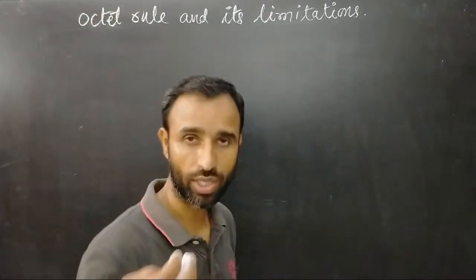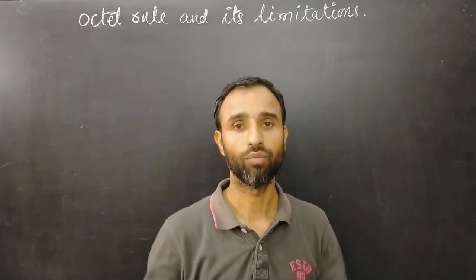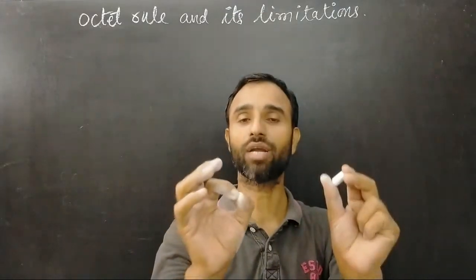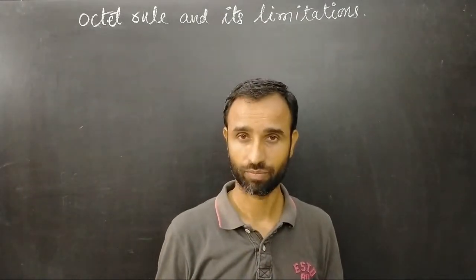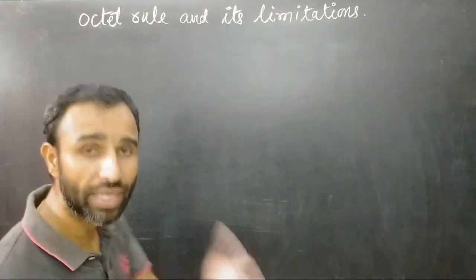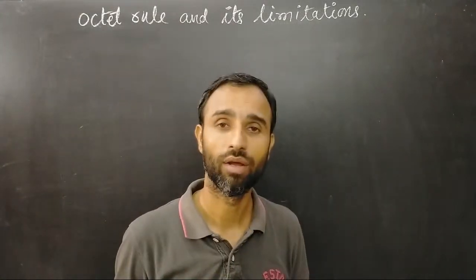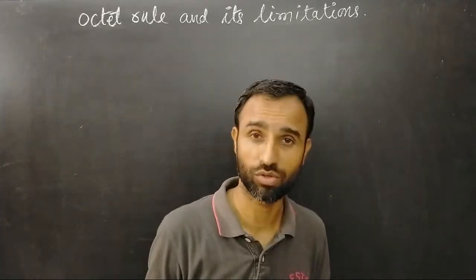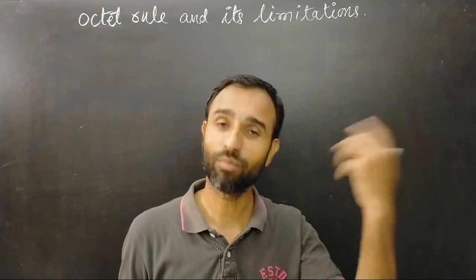Actually, according to octet rule, those molecules in which each atom has a complete octet of electrons are more stable. It is supposed to be, okay, but there are many molecules which are stable, but they have either less than 8 electrons or more than 8 electrons, or sometimes an odd number of electrons.